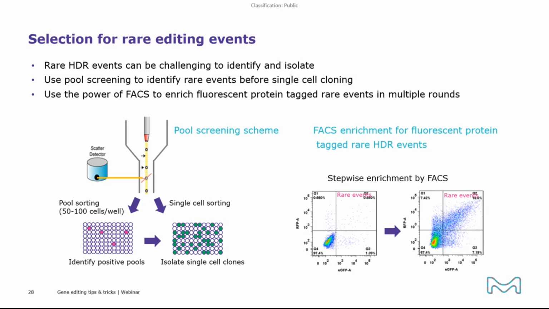However, if your HDR edits contain a fluorescent protein tag, use the power of flow cytometry sorting to enrich positive cells multiple times and expand the cells for a few days between each sorting.